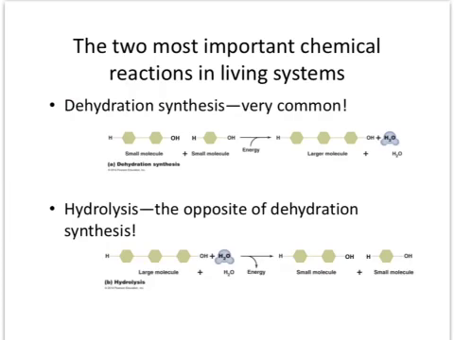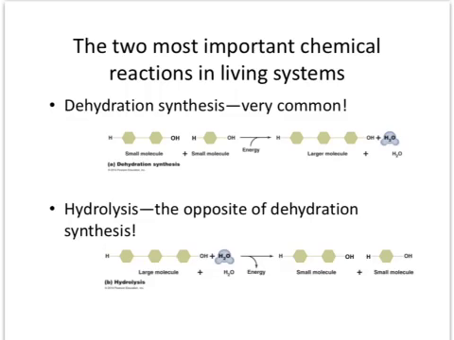And in a dehydration synthesis, two small molecules are brought together, and in the process of forming the new chemical bond between small molecule 1 and small molecule 2, a molecule of water is liberated from the reaction. So water is formed as the chemical bond between this OH and H occurs.